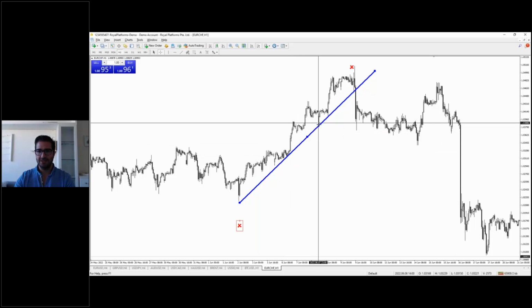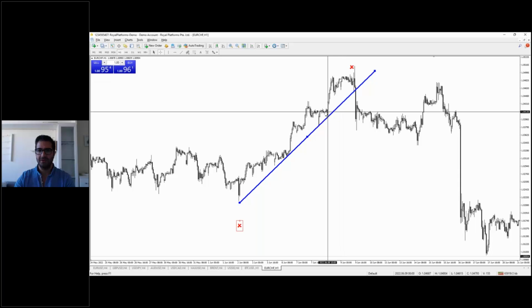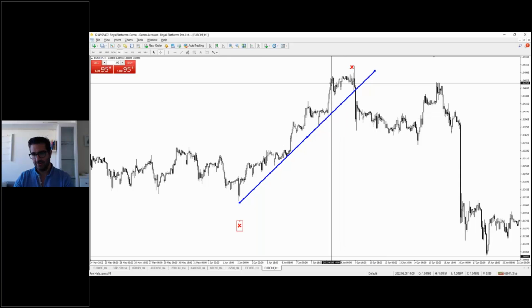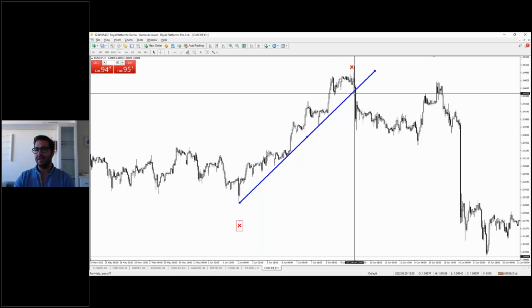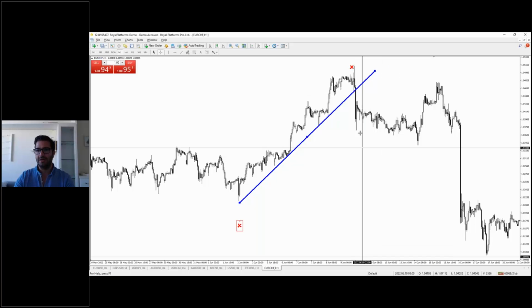So this is a demand zone, demand zone, demand zone. Every time the market reaches this trend line, it will move to the upside until we have a breakout. And here we have a huge supply which led to an aggressive move to the downside, and then we have a change of direction.